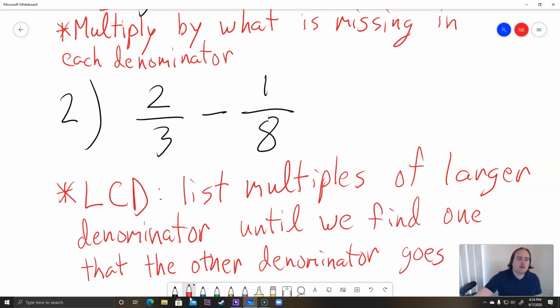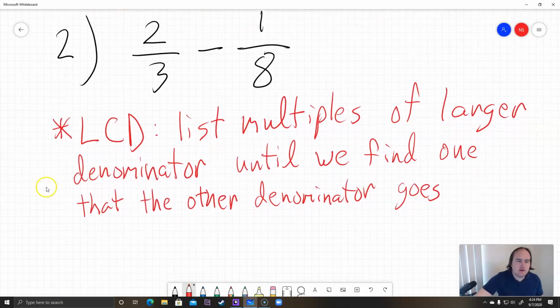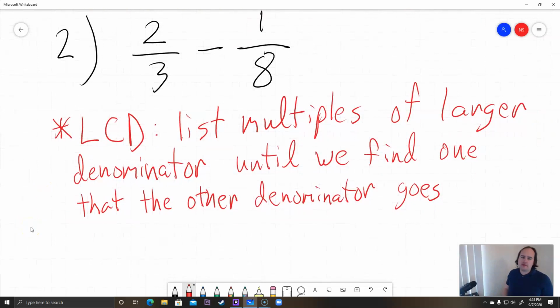Okay? So until you find a multiple that is divisible by the other denominator.